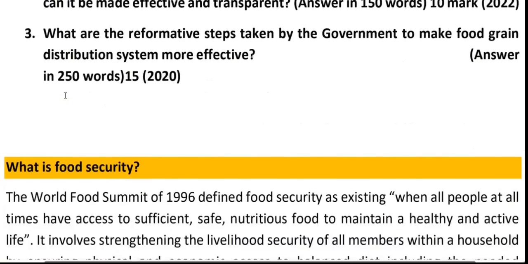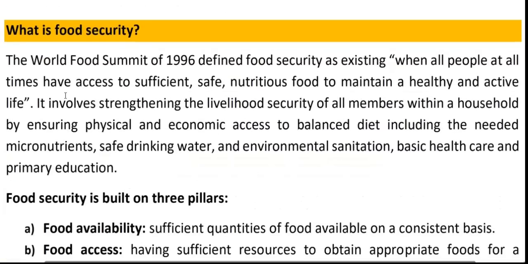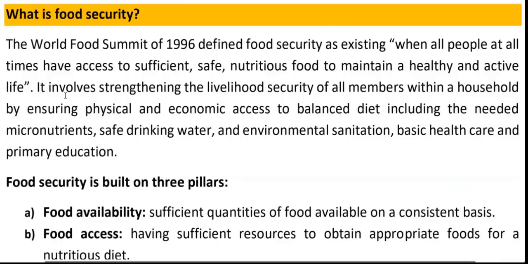So let's begin with what is food security and what are the different aspects of it. According to the World Food Summit 1996, the definition of food security is when all people at all times have access to sufficient, safe, nutritious food to maintain a healthy and active life.